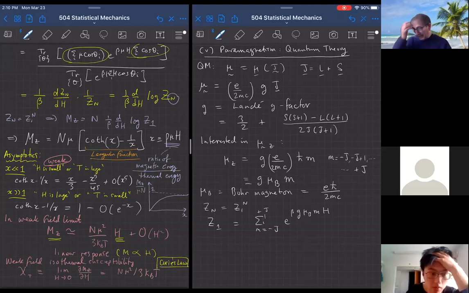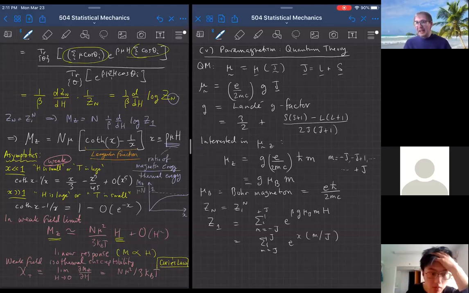And so that's our expression for the partition function in the canonical distribution. And I'm going to write that in the following way. I'm going to write this as the sum from m is minus j to plus j of e to the x times m over j.